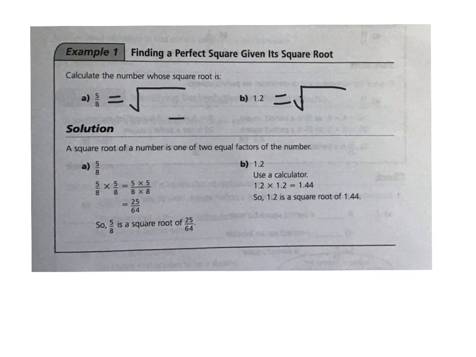So calculate the number whose square root was 5/8. Thinking backwards, 5/8 is the answer, so if I take 5/8 and times it by itself, that's what's going to give me the number under that square root sign. So that's what we do in the solution here to find that number that was square rooted.